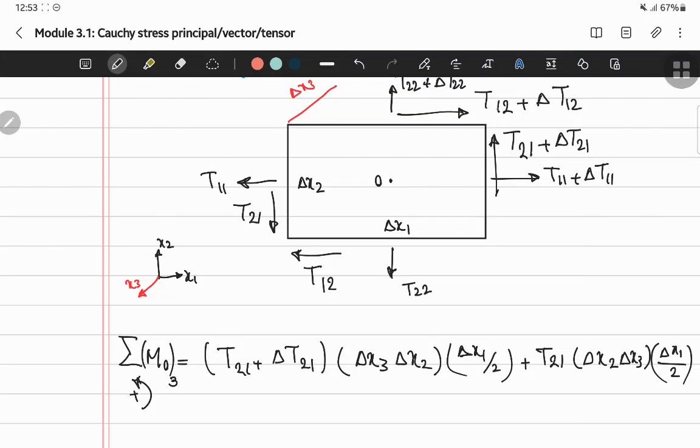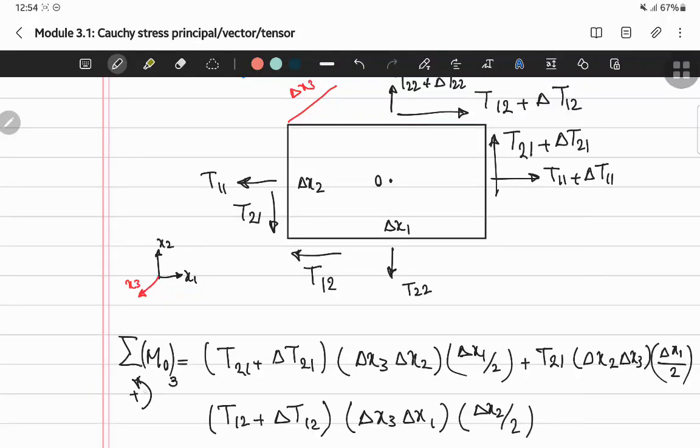So next I have t12 plus del t12 times del x3, del x1, which is the area, and then the arm here is del x2 half.